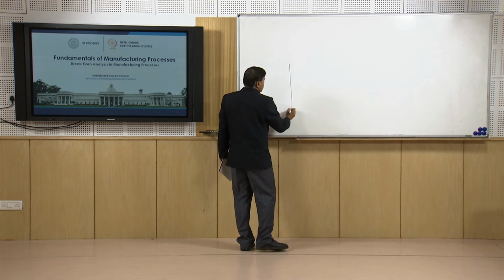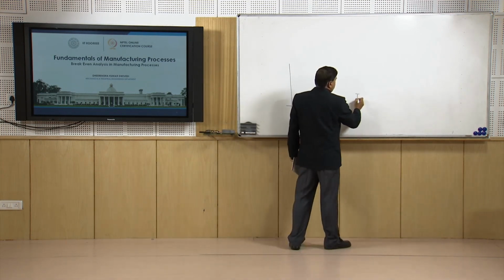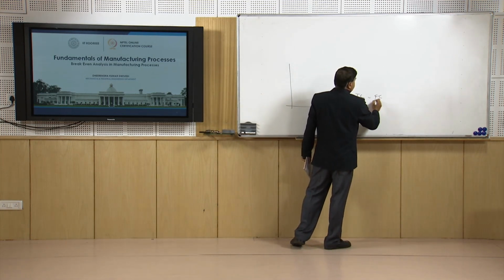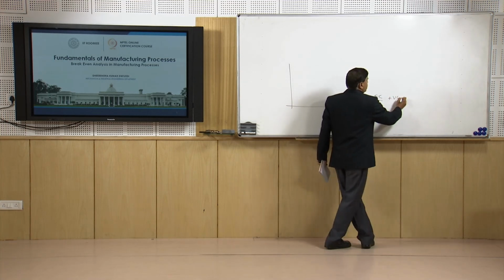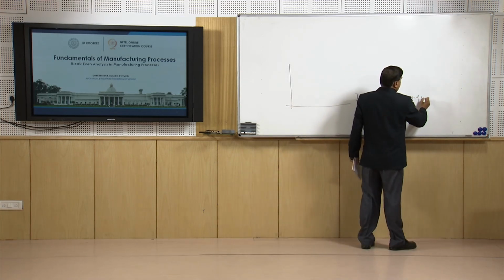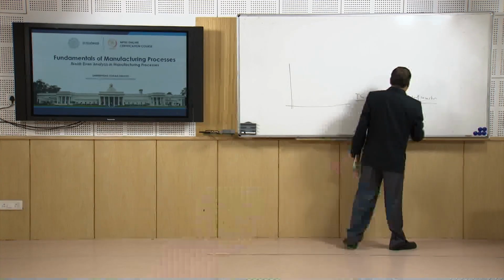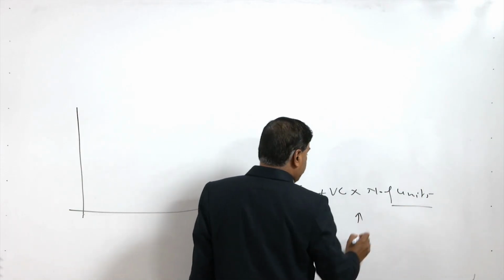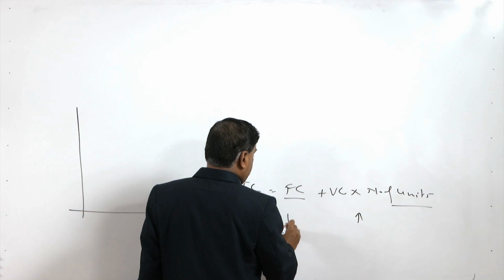So, what we have seen here is that in the total cost, the fixed cost is fixed and the variable cost changes with the number of units to be made, and with the increase in the number of units our TC per unit keeps on decreasing.